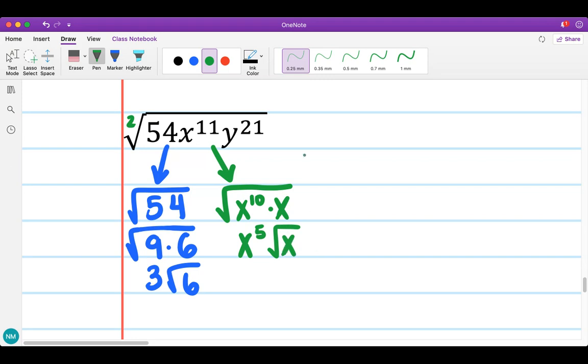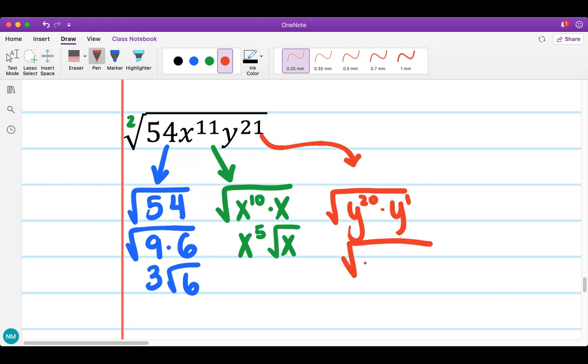Radical x. And then, whoop, this becomes, what even number is right below 21? Y to the 20th times y. Again, because 20 plus 1 is 21. And then this becomes, again, that 2. 20 divided by 2 is 10.